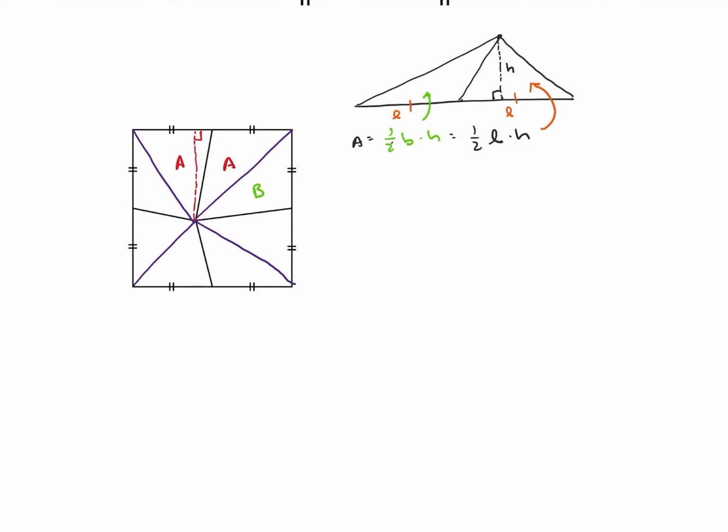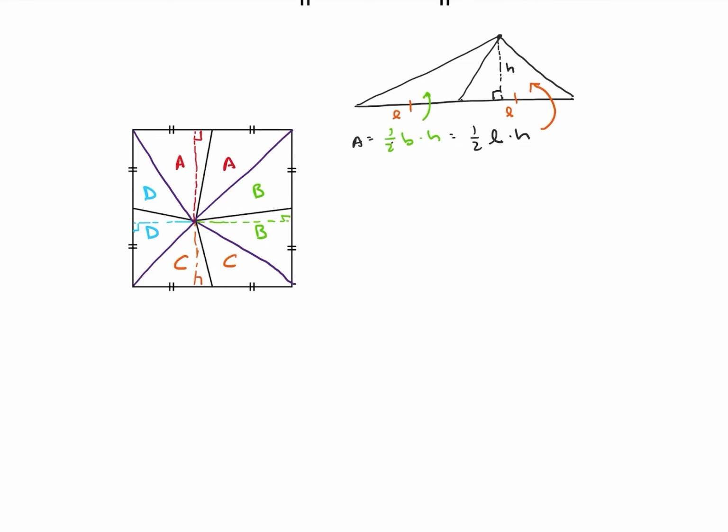Similarly, this shape here and this shape here have the same height, so those two areas are also going to be equivalent. And similarly, I can look at this region C and this region C. They have the same perpendicular going down. And finally, this region D and this region D over here will be equivalent. Okay, so we have a little bit of a start here.